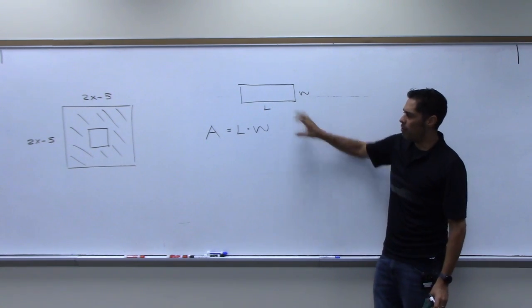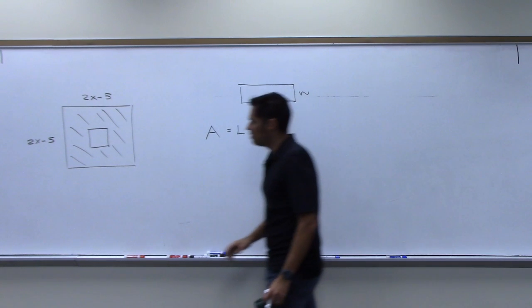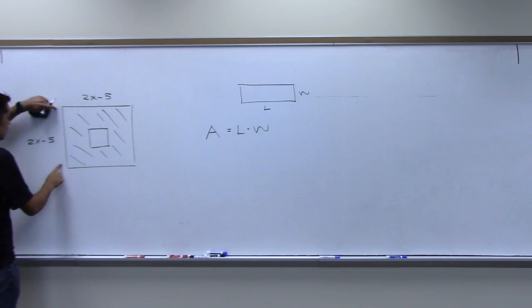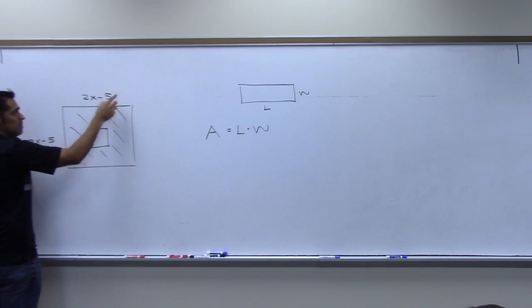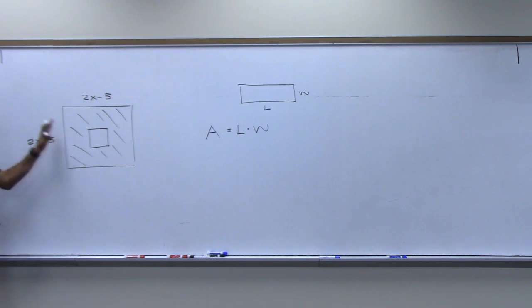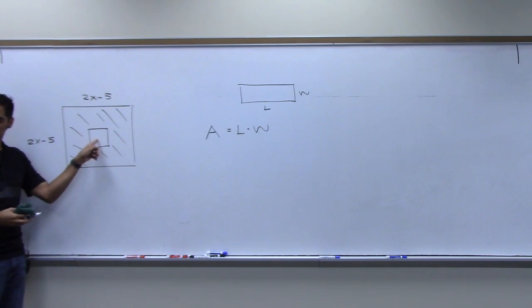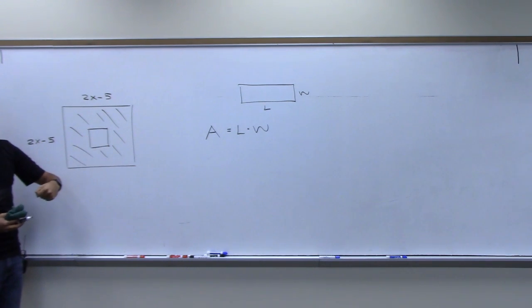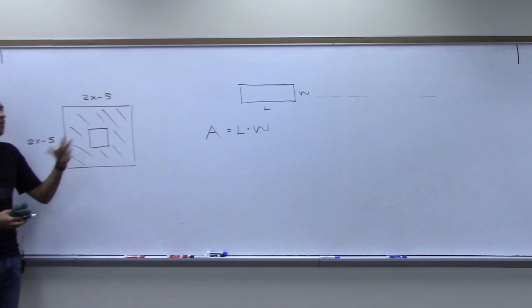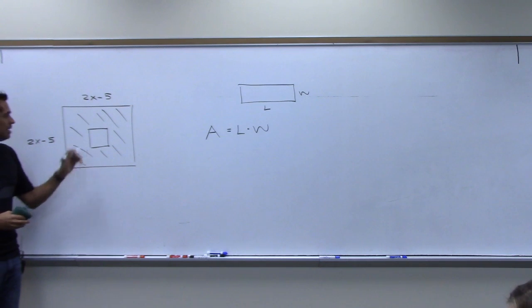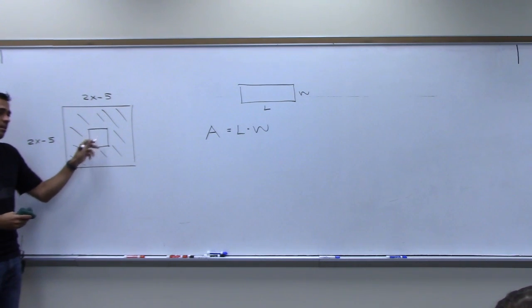So this is the more general formula. If I take this length, 2x minus 5, and I multiply it times that length, that would give me the area of the entire thing, right? Including the inside? I don't want the inside. So you have to take that inside out, right? Remove the inside. And we need to know something about the dimensions of the inside in order to do this.